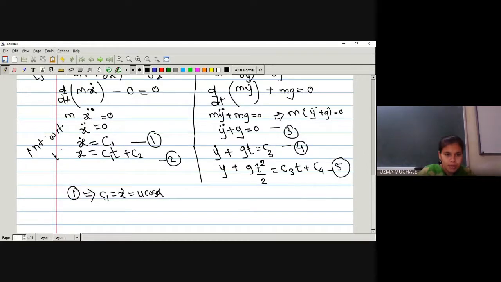So now substitute the value of C1 we have found into equation 2. So using 1, what we get is x is equal to u cos alpha t plus C2. Right. So this we have got.